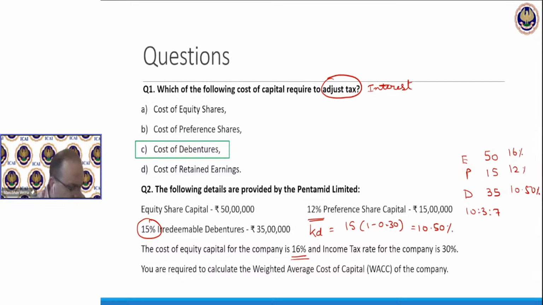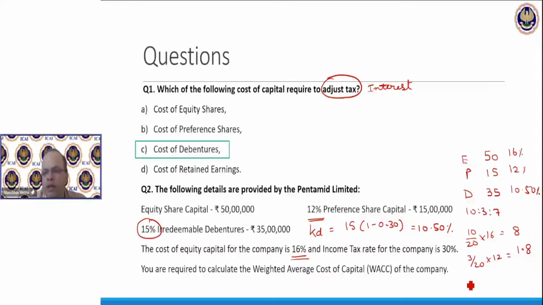I think some people are telling me 13.48. Some people are telling me 7.9. So 10 by 20 into 16 is 8. 3 by 20 into 12 is 1.8 over here.